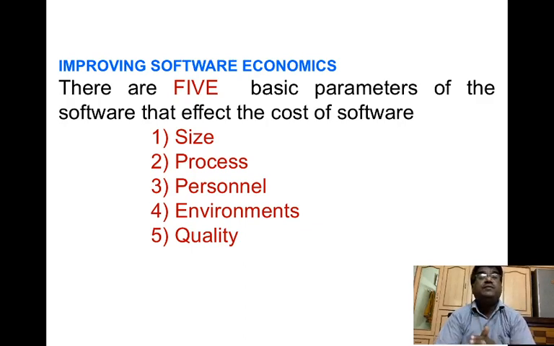If you reduce the software size, cost will also decrease. Then process: if you improve the process, cost will automatically come down. Personnel means development staff, the people who are going to be involved in the development of the software project.